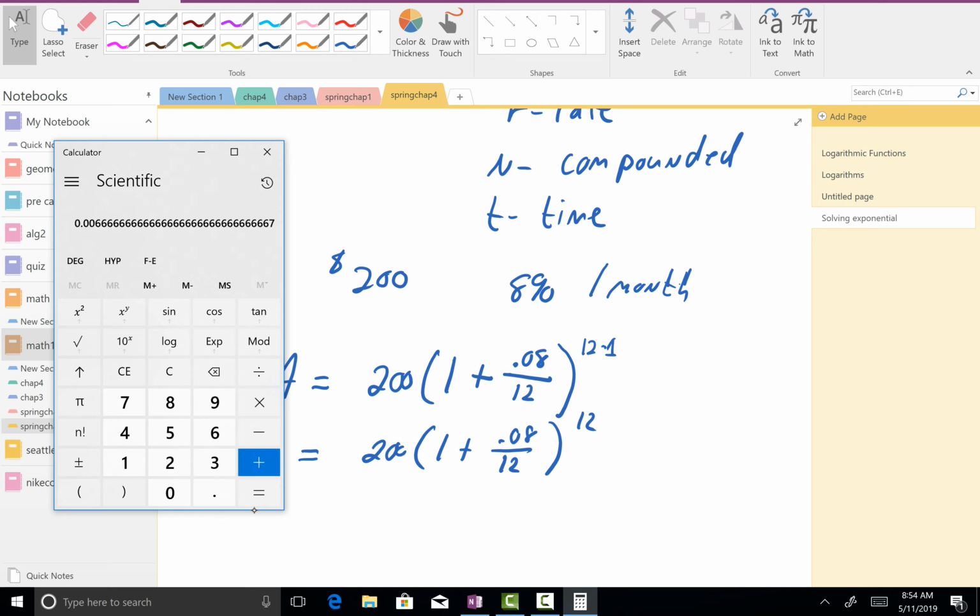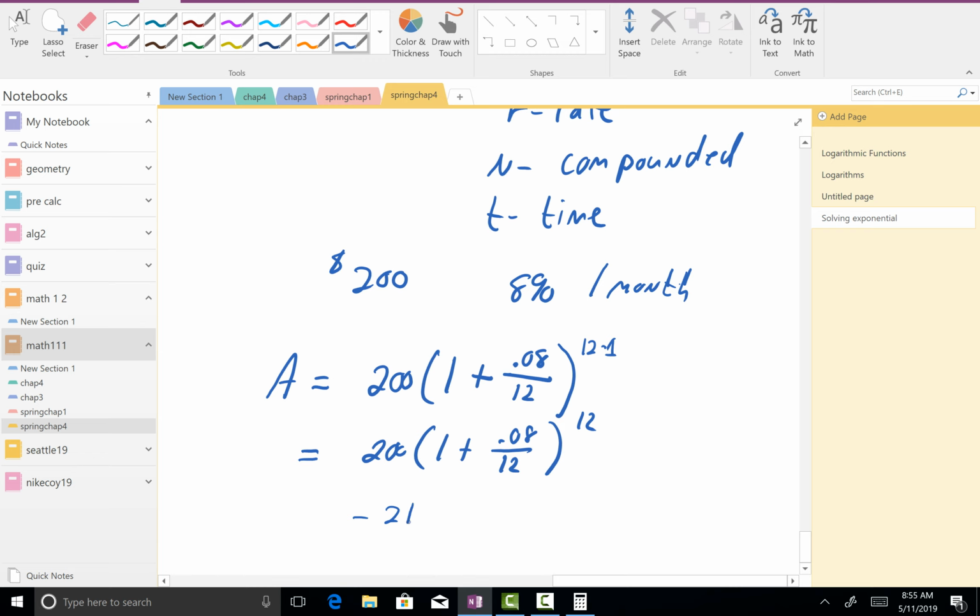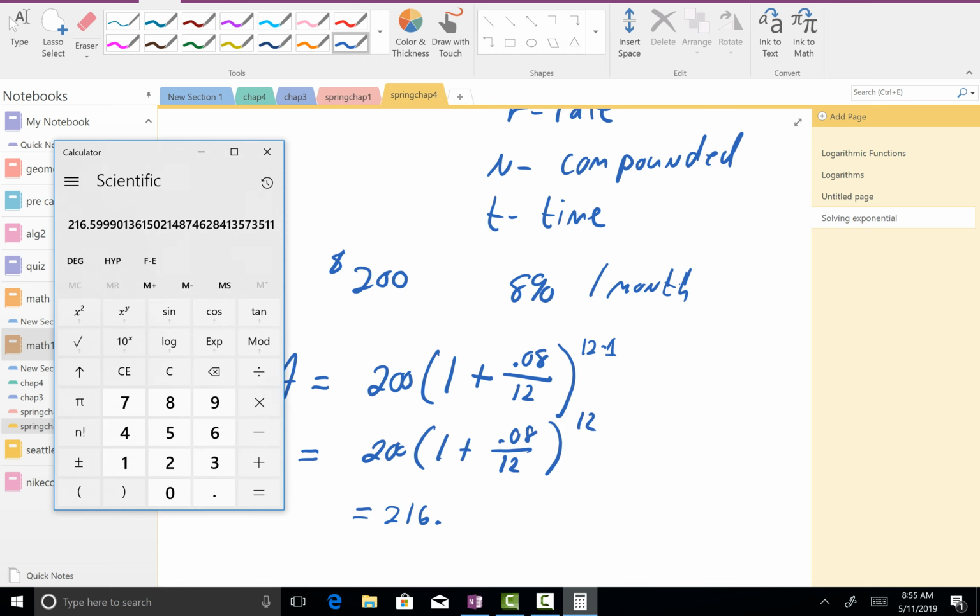I get that. Now I'm going to add that to 1. So I get that, and now I have to raise that to the 12th power. So I get that. And now I'm going to multiply that by 200. So that gives me $216 and 60 cents.